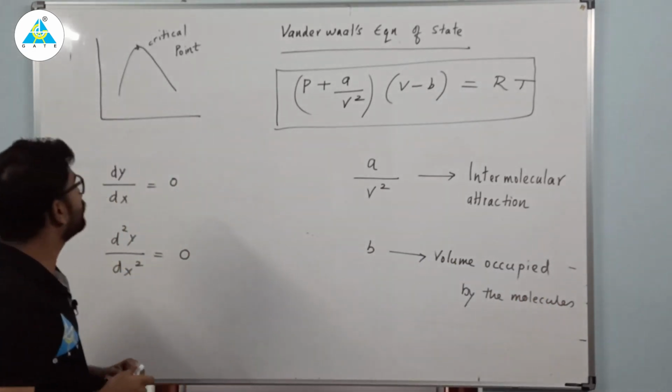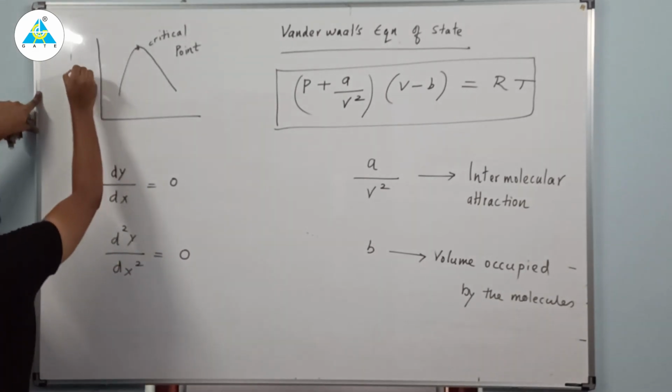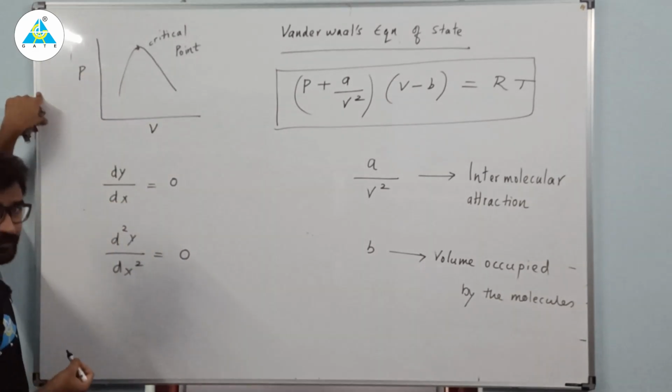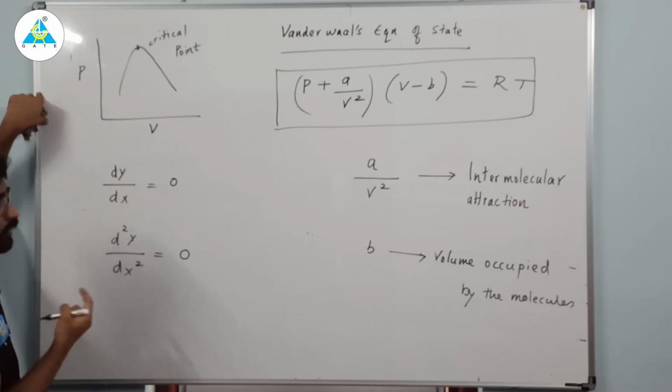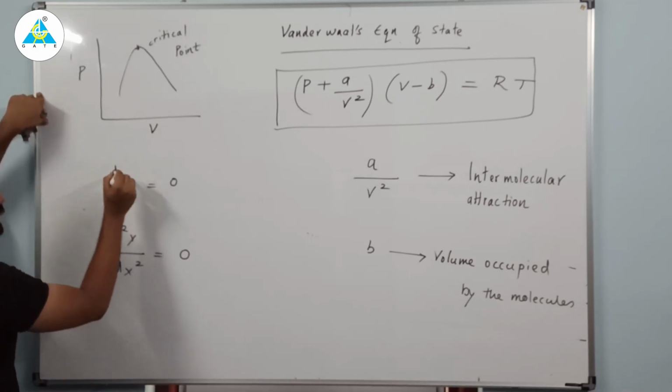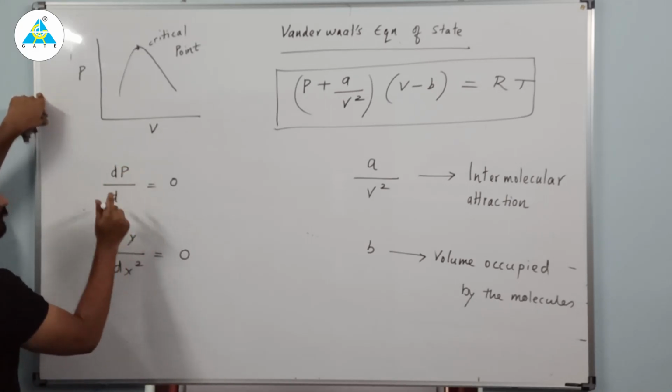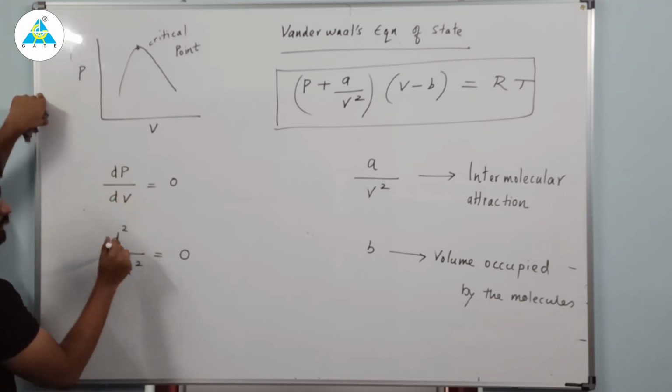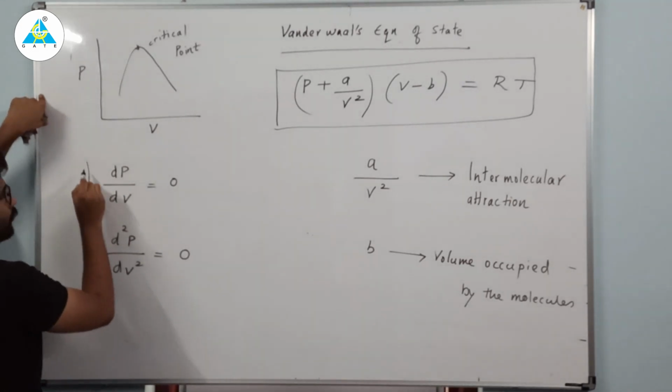So here, if you are drawing the pressure volume diagram, what is the speciality at the critical point or inflection point? Instead of y, it will be dp by dv. Here it will be d square p by dv square.